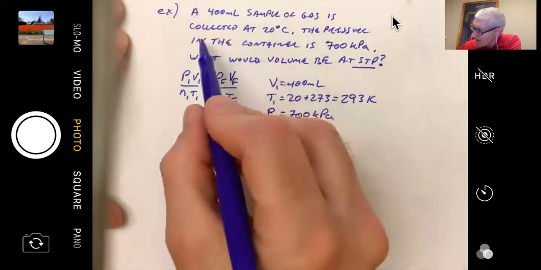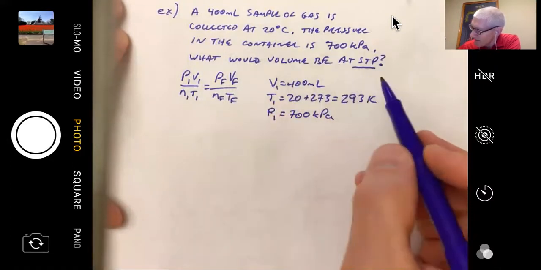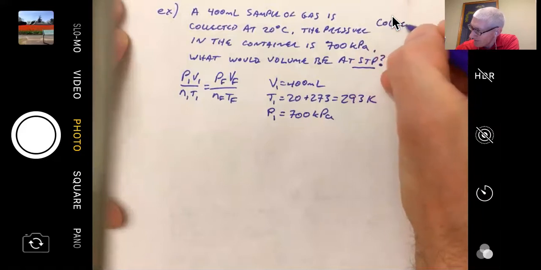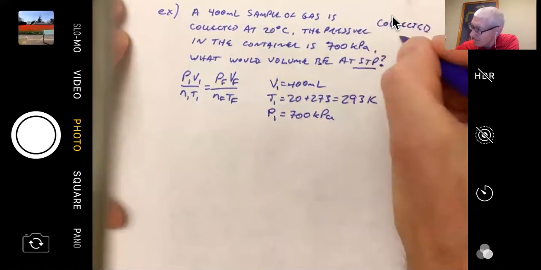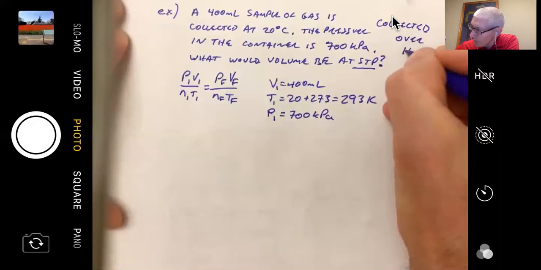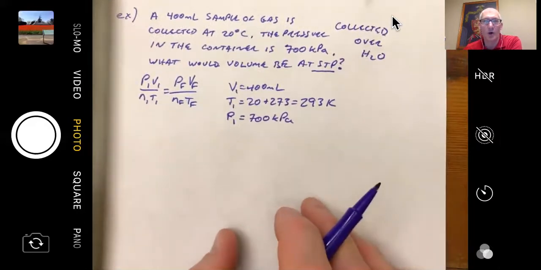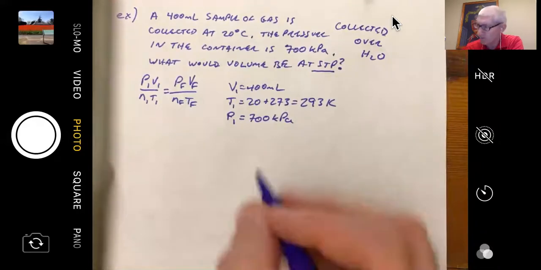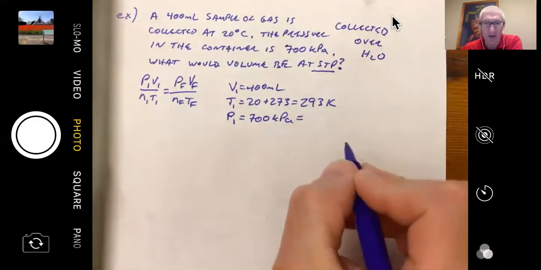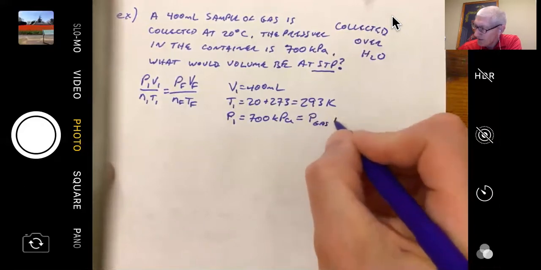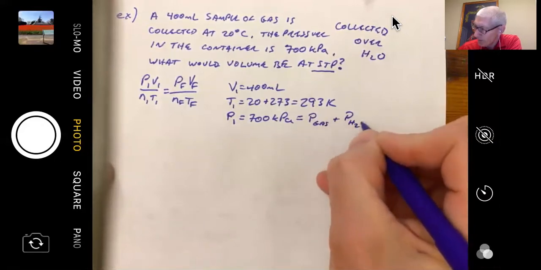If it is collected, and did I say that it was collected over water? I did not. I meant to. Collected over water. So as soon as you see that it's collected over water, that's where you have to realize that this pressure right here, this 700 number, is the pressure of our gas plus the pressure from the water.